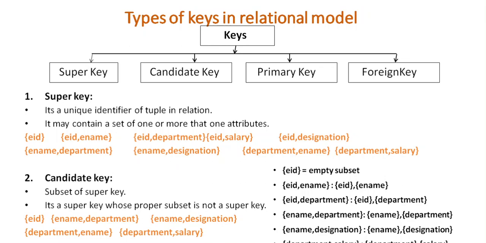Whenever you enter a new employee in your table, you always give a new value to the employee ID, so it will always be unique. All these conditions are satisfied by the employee ID candidate key, so employee ID can be taken as the primary key in your relation.